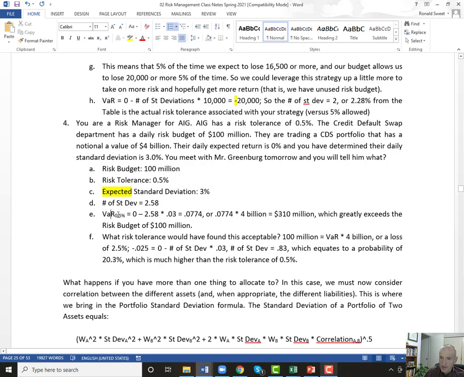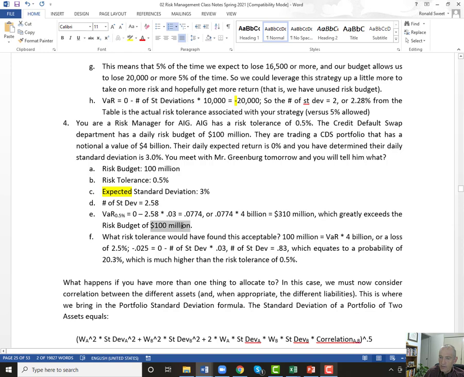I put that right in the VAR. It's 0 because we're doing a daily VAR, so our expected return is 0, minus 2.58, that equates to the 0.5 risk tolerance, times our standard deviation. Here I left a negative sign out. I know it's a negative, but again, I'll leave that out. It's 7.74%. So 7.74% times 4 billion is 310 million.